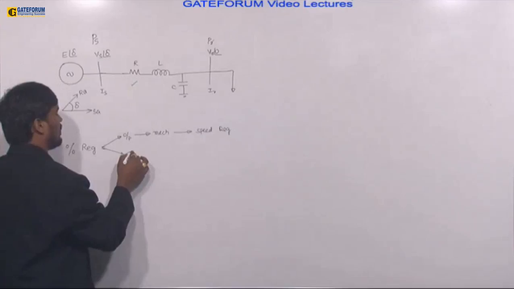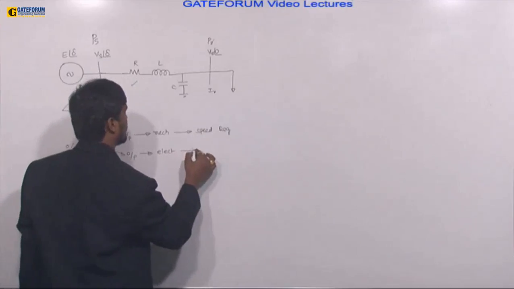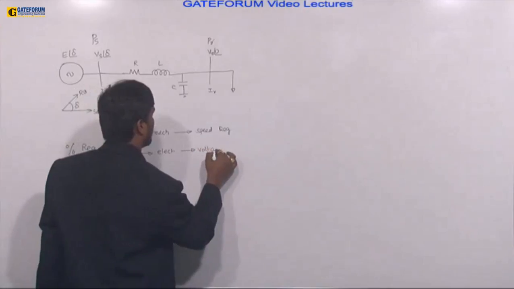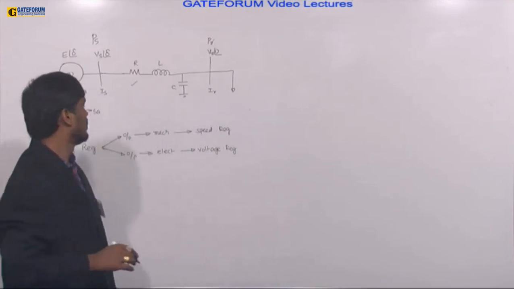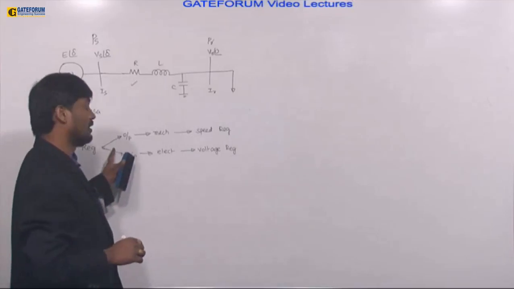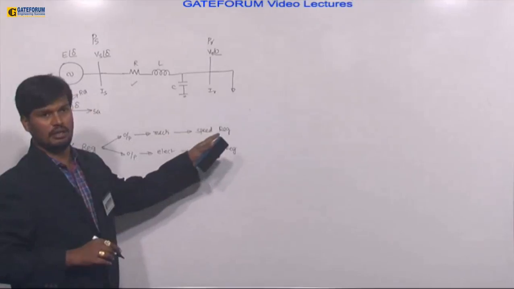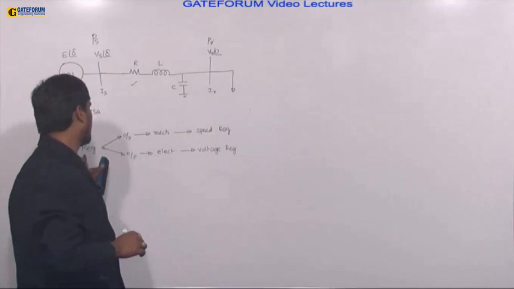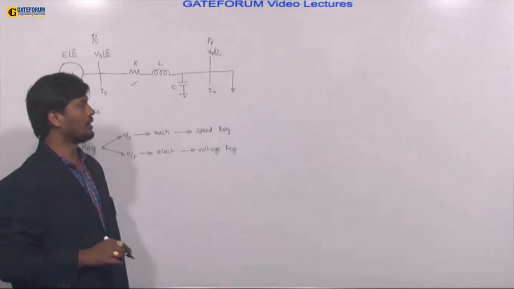Any electrical equipment whose output is electrical, for that we calculate voltage regulation. Which regulation? Voltage regulation. The electrical machine which produces output as mechanical, for that we calculate speed regulation. The electrical machine which produces output as electrical, for that we calculate voltage regulation.